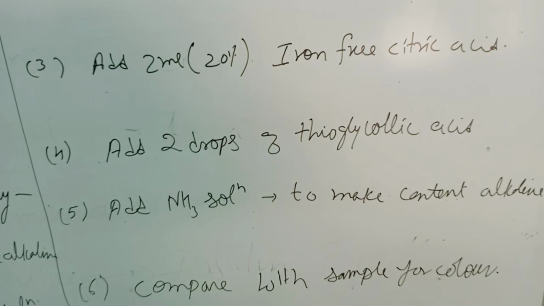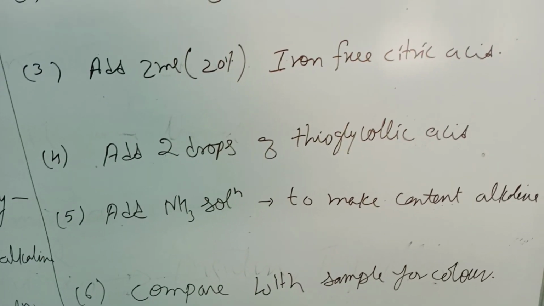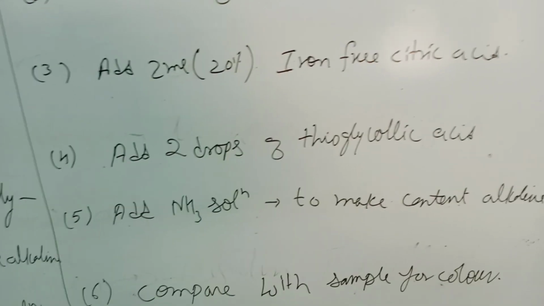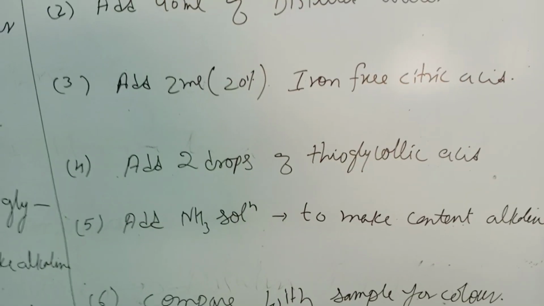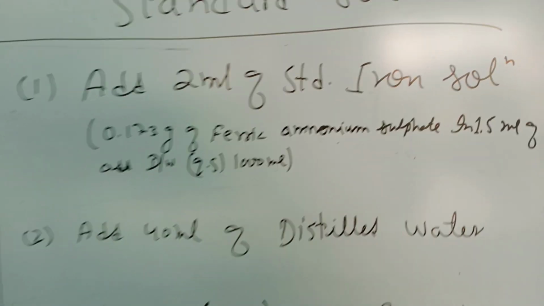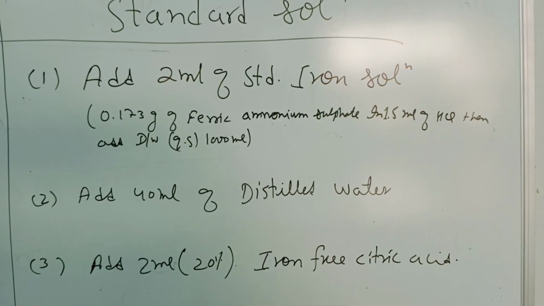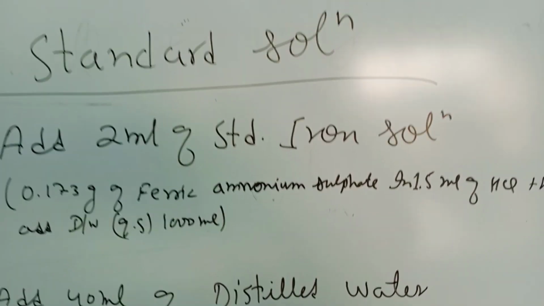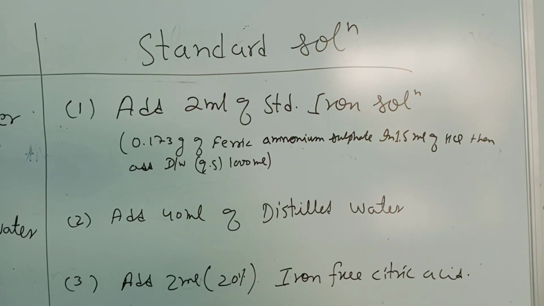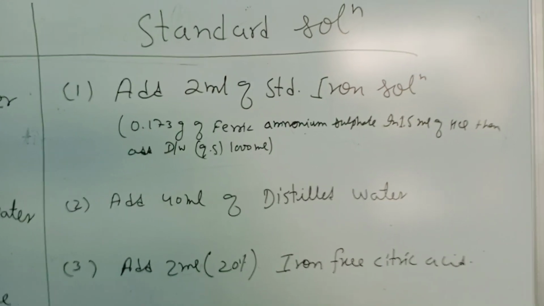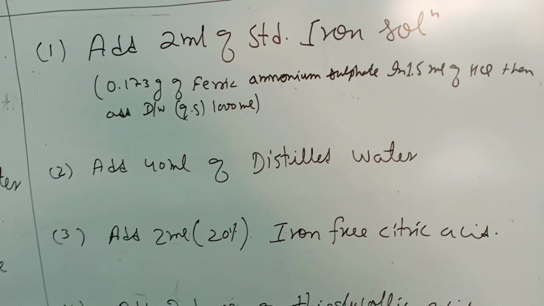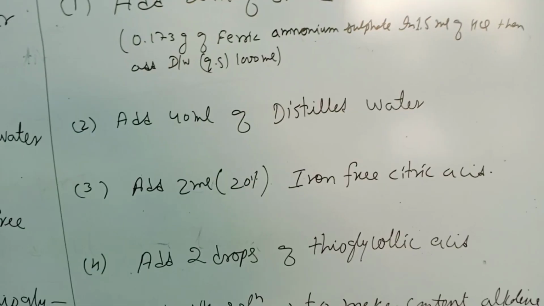So once we are done with step 5, the final step is to compare the color produced by the standard with the sample. As this standard solution has a particular quantity of iron within the permissible limit, that iron will be responsible for producing a definite color, and that color is then compared with the test solution in order to determine the outcome.